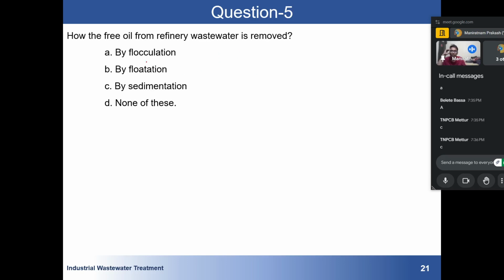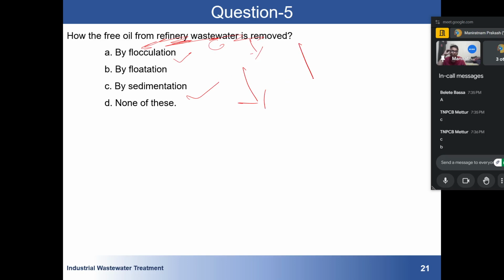Again, a very easy question. How is oil removed from refinery wastewater? Which one? Answer it. B. Yes. Remember, coagulation and flocculation are for settling, and sedimentation is also for settling. For settling we have two things: one which settles due to its own gravity, and another which needs some treatment like coagulation.